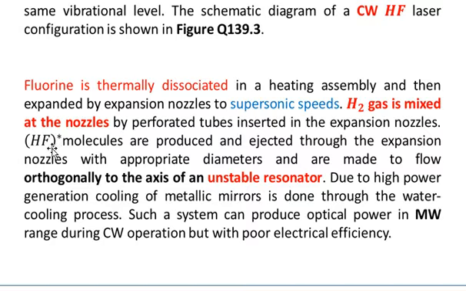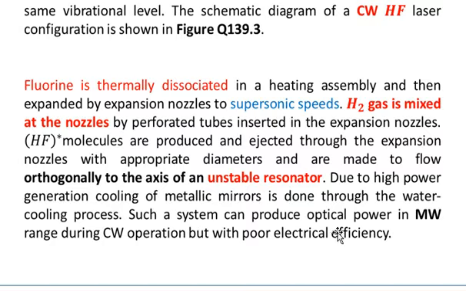Hydrogen fluorine excited molecules are produced and ejected through the expansion nozzles with appropriate diameters and are made to flow orthogonally to the axis of the unstable resonator. Due to the high power generation, cooling of the metallic mirrors is done through the water cooling process.